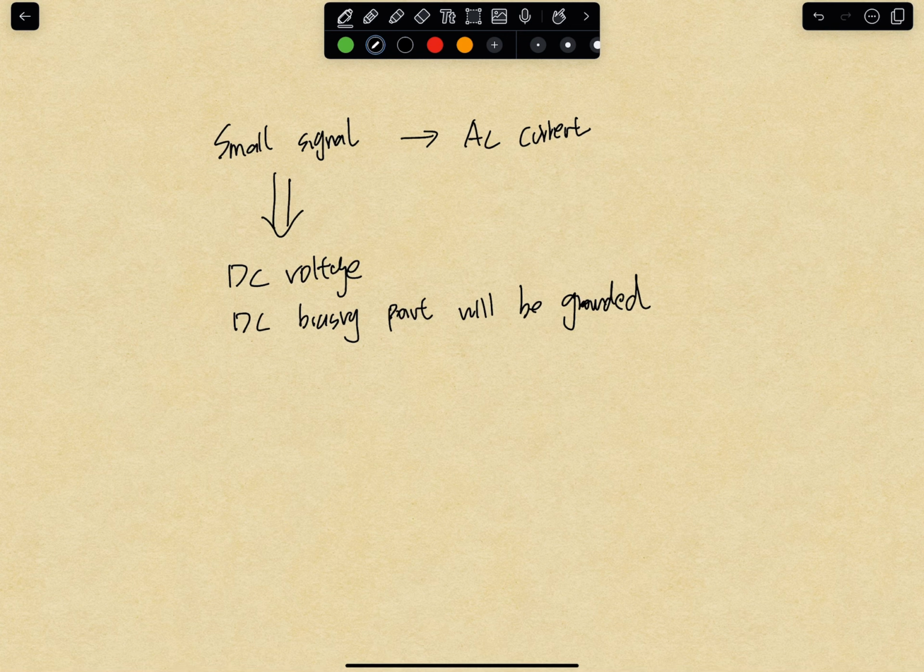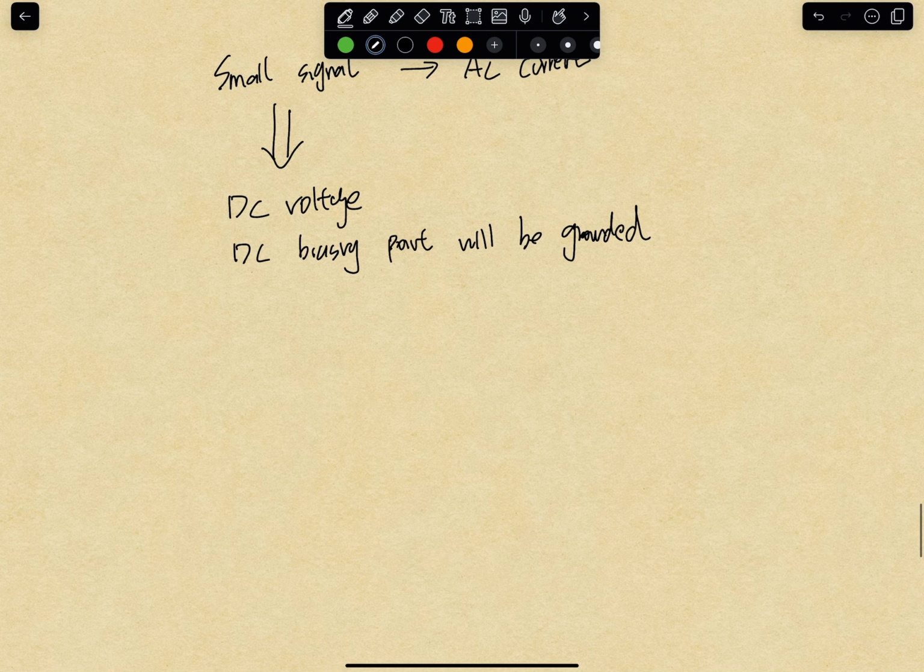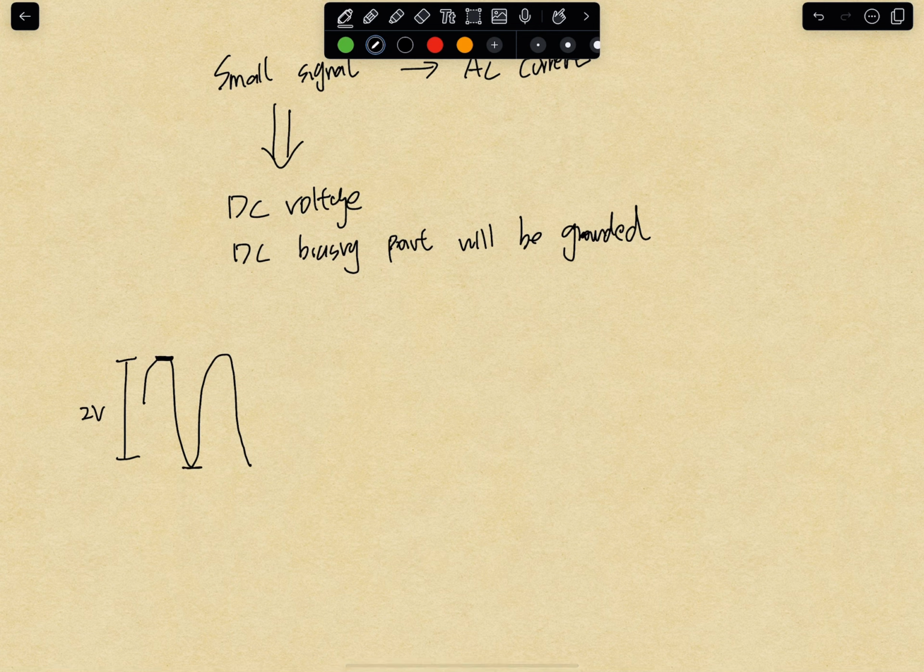What is a DC biasing point? Basically, if you have an AC signal with a peak-to-peak of 2 volt, you don't really know what the top point and the bottom point are. You just know this is 2 volt. The DC biasing voltage is the voltage used to bias it.